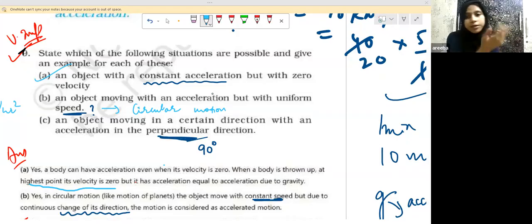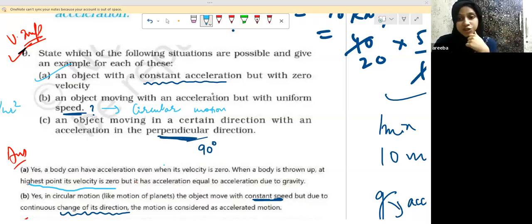So, ma'am, if it is saying uniform means constant, the speed is constant. How are they talking about acceleration? How is that possible? It is possible because, firstly, acceleration is also a vector quantity. Velocity, the point Ali mentioned as well, they are confusing us with speed and velocity this time.